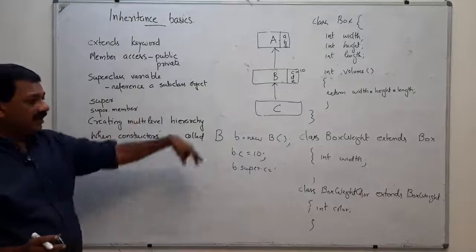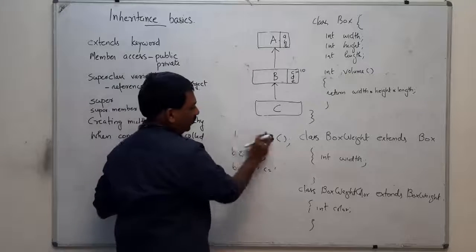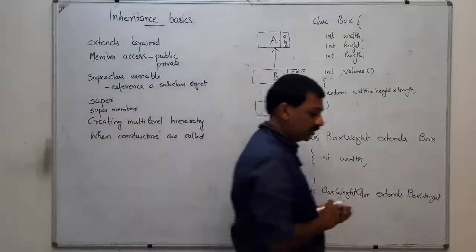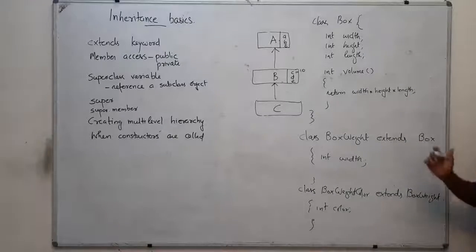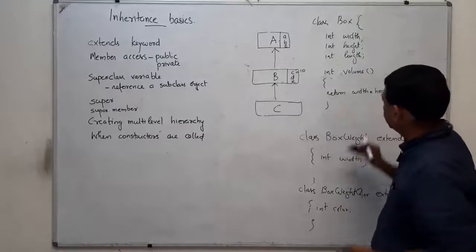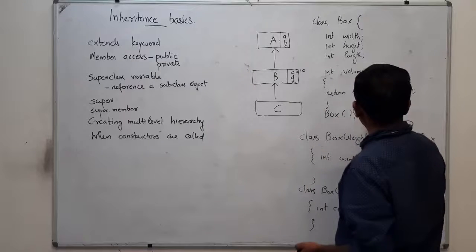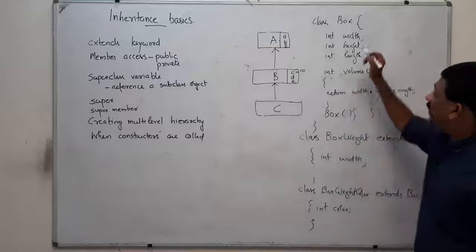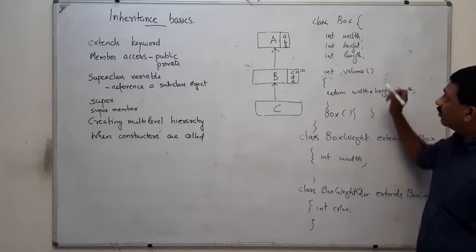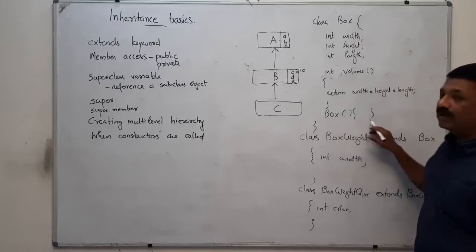Then creating multi-level hierarchy I told you, and when constructors are called. Here, as I told you, what is a constructor? Constructor is a method. Here if you want to have a constructor, this is a parameterless constructor Box. So here Box, and in this we have a Box constructor. Whenever you are creating an object of type Box, then automatically this will be called.